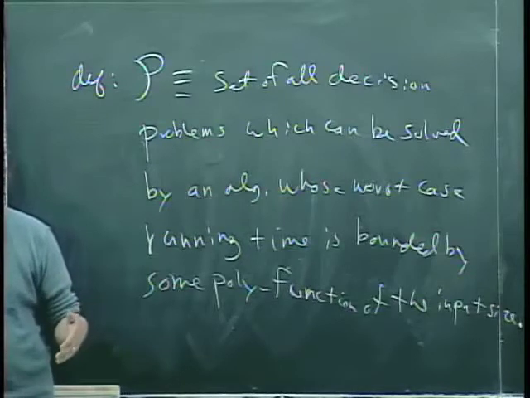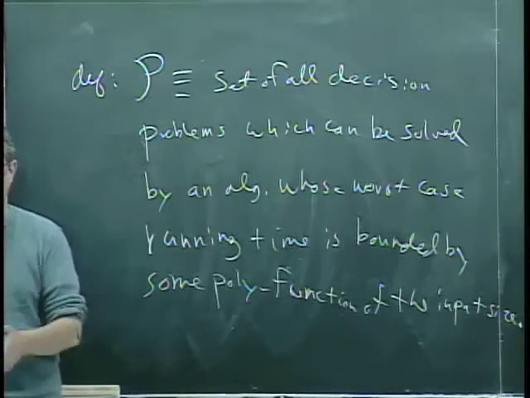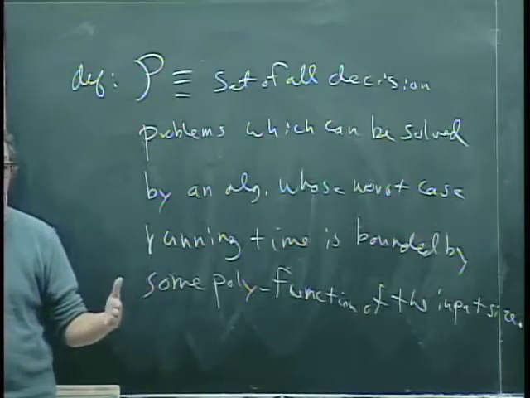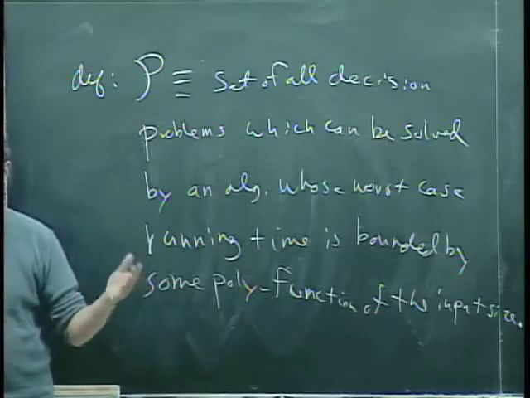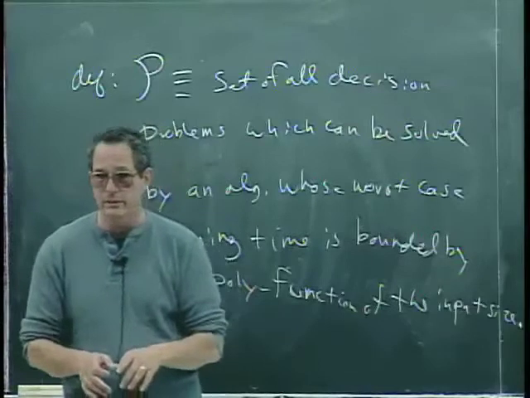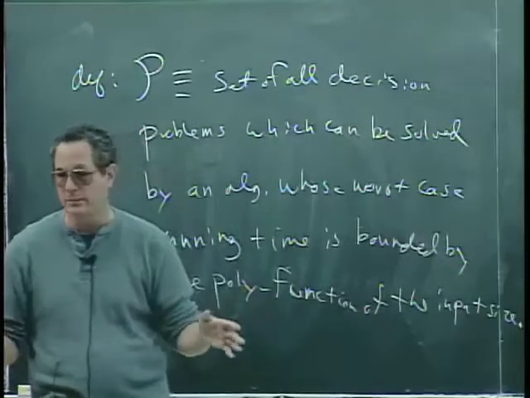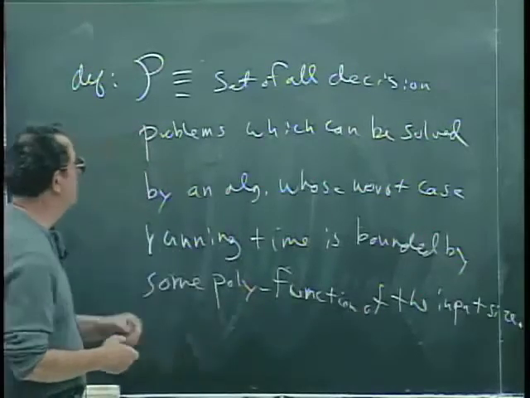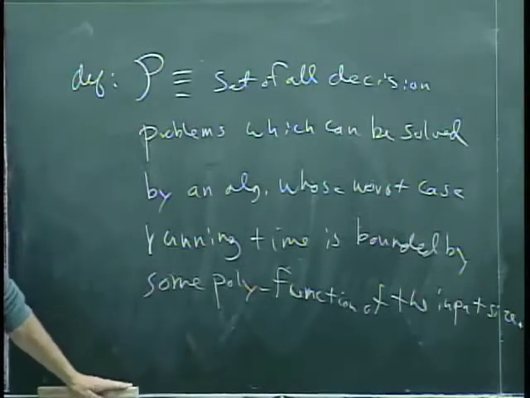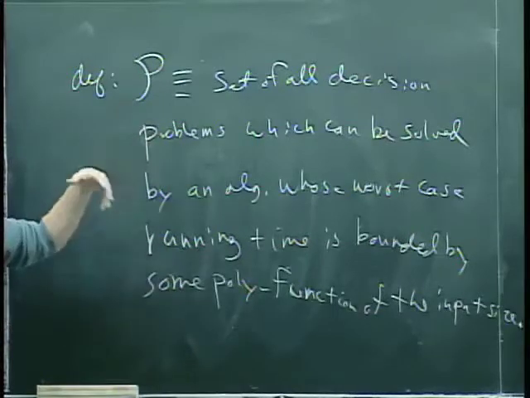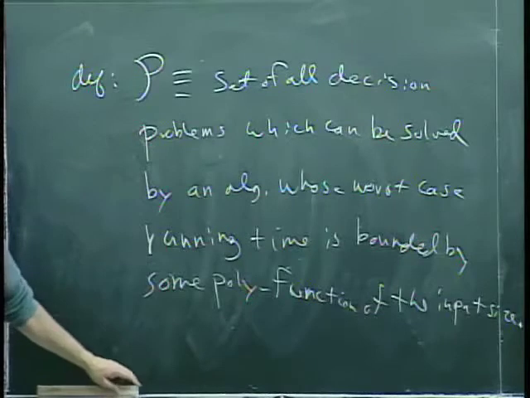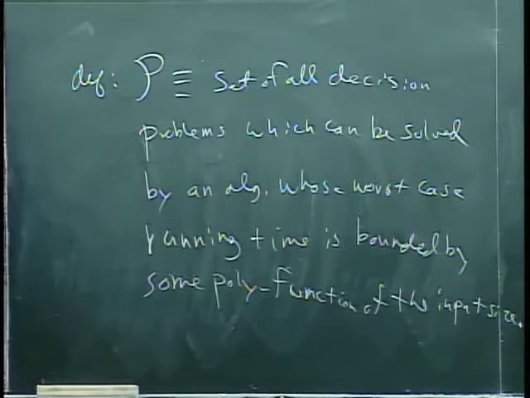That was a maximization problem, but we could just cast it as, here are the intervals, the input is the intervals and some target, and ask, is there a set of intervals that are pairwise non-crossing of size at least as big as the target? That's a yes or no. And we saw an algorithm for that, which was, in fact, linear time, I think. So that's certainly bounded by a polynomial. That's just order n, where n is the number of intervals, and so that's n raised to the 1. So that was certainly a polynomial.